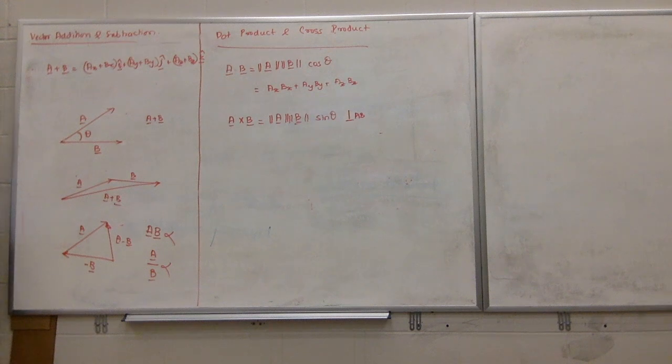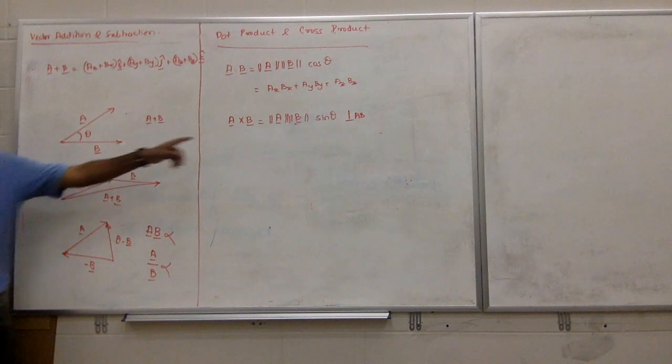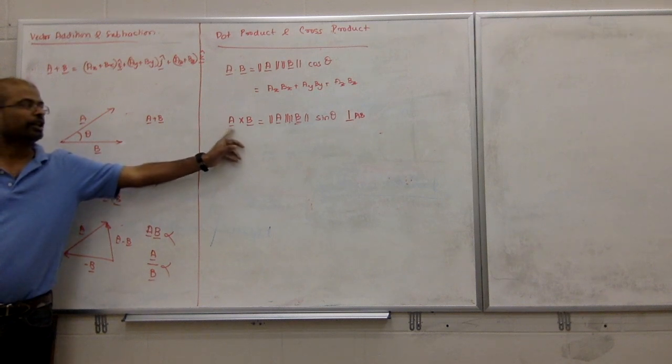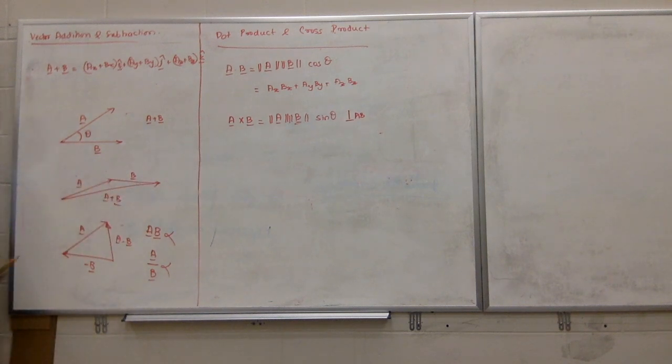Keep in mind that A cross B is not the same as B cross A. The perpendicular will be going inside the board for A cross B. B cross A would be this, the vector coming out.